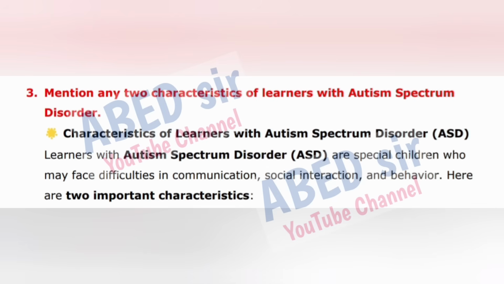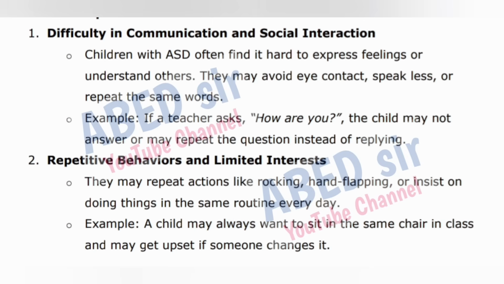Here are 2 important characteristics. 1. Difficulty in communication and social interaction. Children with ASD often find it hard to express feelings or understand others. They may avoid eye contact, speak less, or repeat the same words.